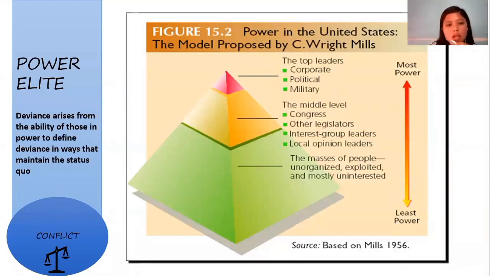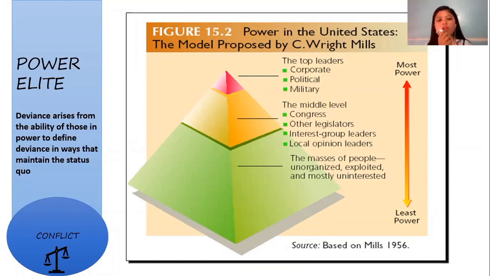As you can see in this slide, there is this pyramid figure. What is at the top is what we call the elites. People who engage in deviant behavior are usually in the lower class, or the masses of people that are unorganized, exploited, and mostly uninterested.